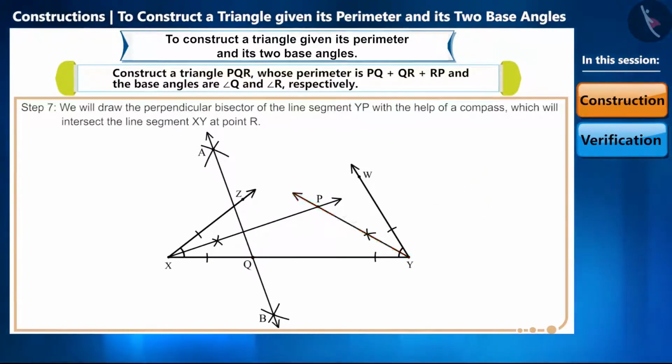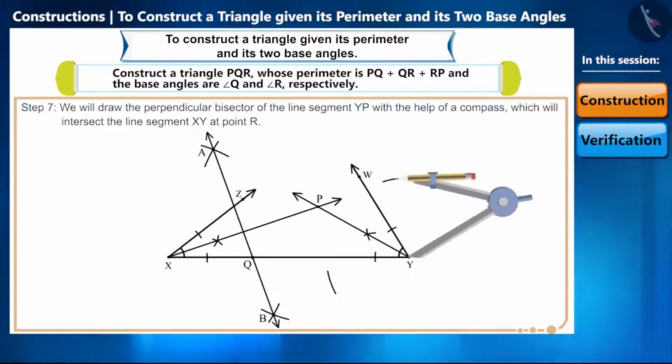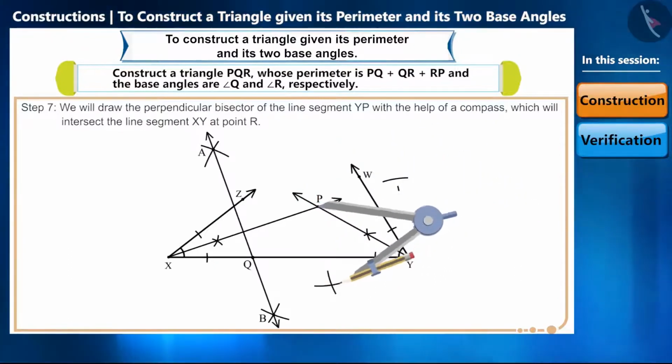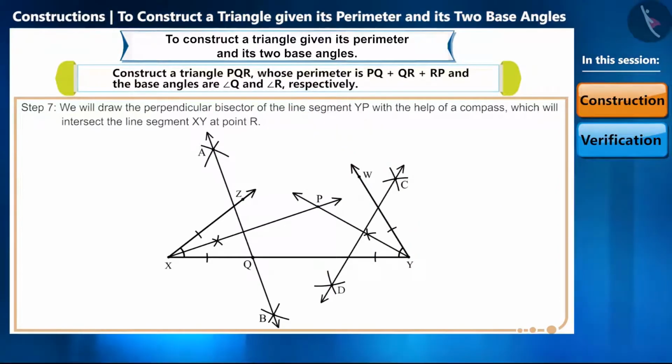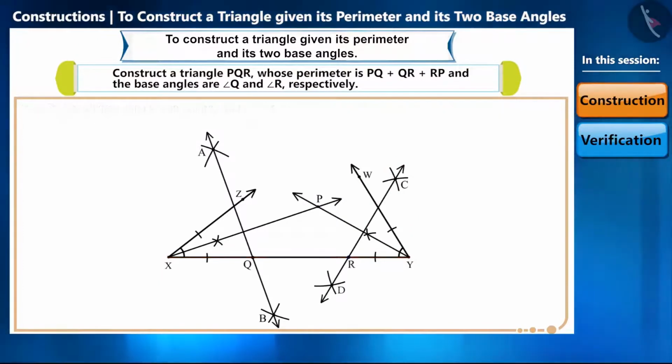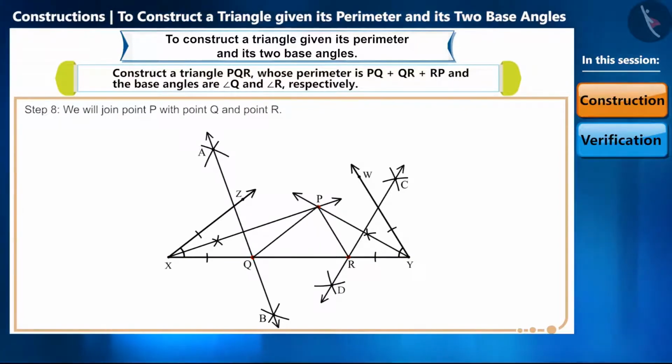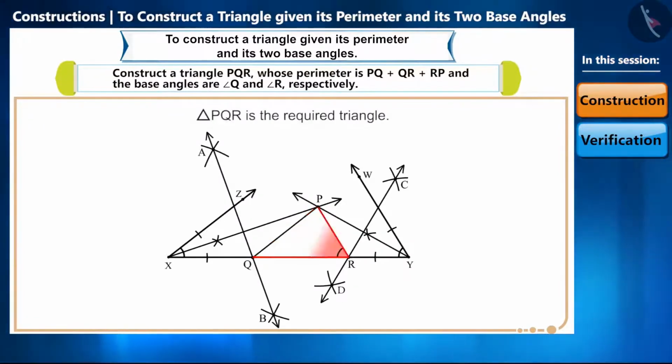Similarly, we will draw the perpendicular bisector of the line segment YP with the help of a compass, which will intersect the line segment XY at point R. Step 8. We will join point P with point Q and point R, and thus we constructed triangle PQR when we had information about its perimeter and the base angles.